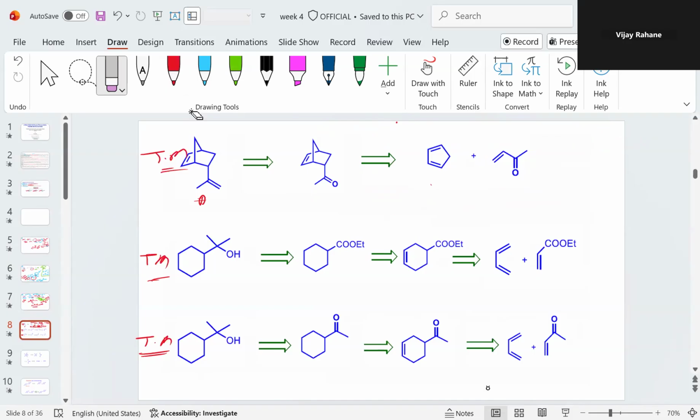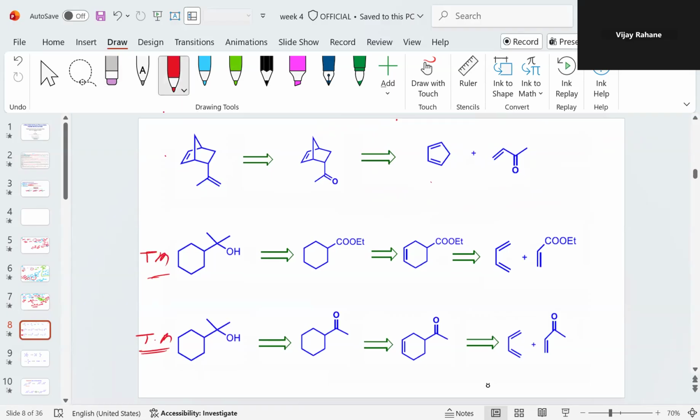Okay, so this is our target molecule one. If you look here, we can do the disconnection here. How can one achieve this one, reverse or linearly?